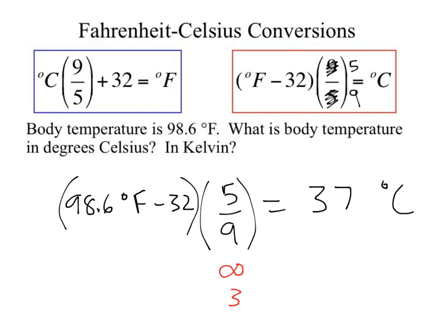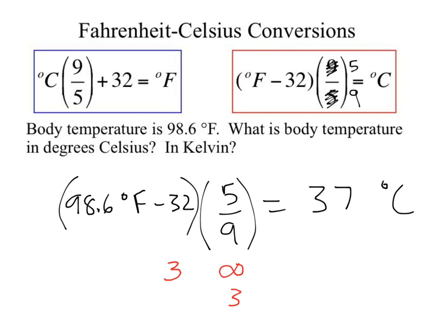The 32, and ultimately our 5/9 as well, are also a bit tricky. At minimum, they have 3 sig figs. How do we know that? You're converting between systems, metric to English or English to metric. That conversion is always 3 sig figs.